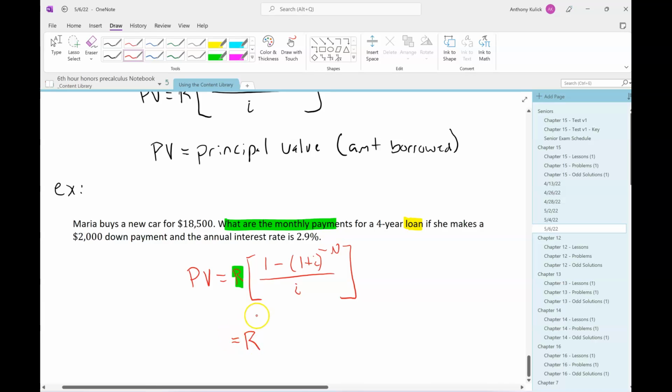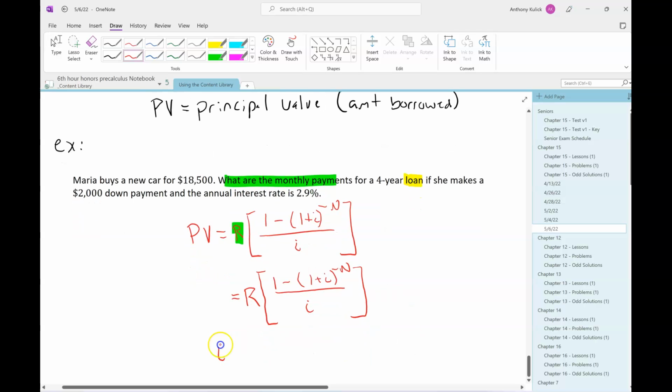What is the PV? It is actually not 18,000 and it is not 2,000. So remind me again, what does it look like when you walk in and you buy a car? What does the transaction look like? You usually pay some kind of down payment and then you borrow the rest, right?